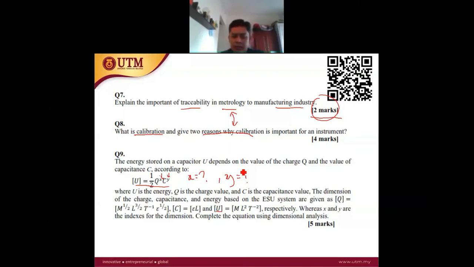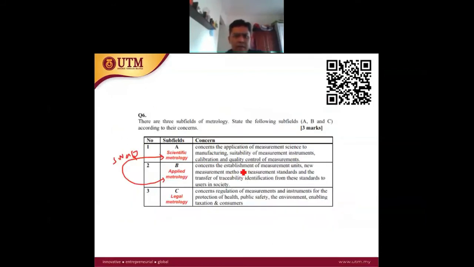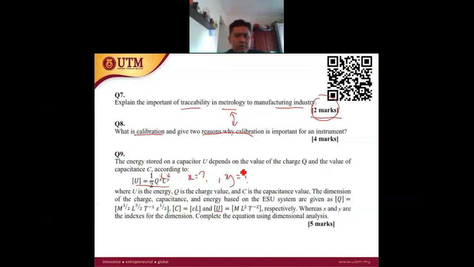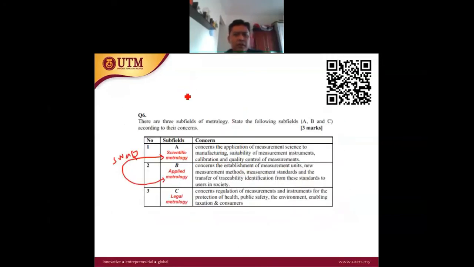Now we look at the answers of questions 7 and 8 first. But I missed question 6. Question 6 is basically the three subfields of metrology.